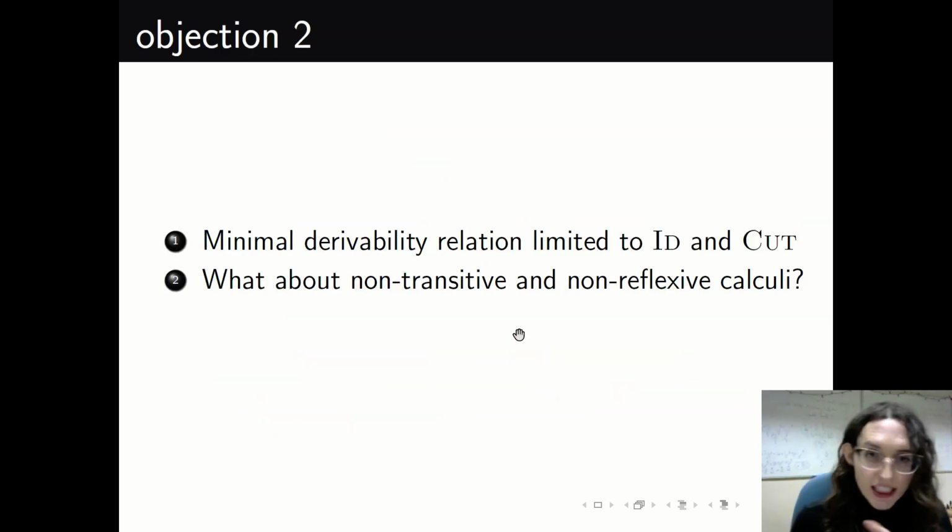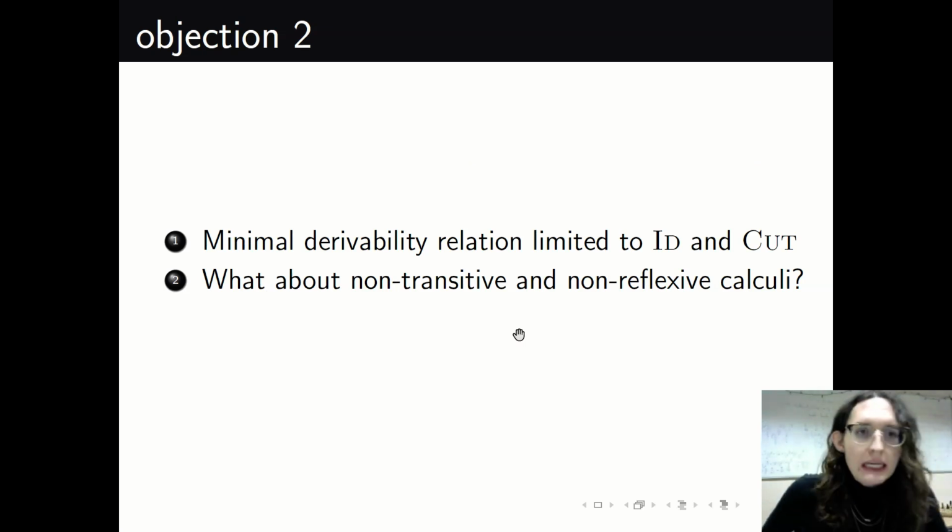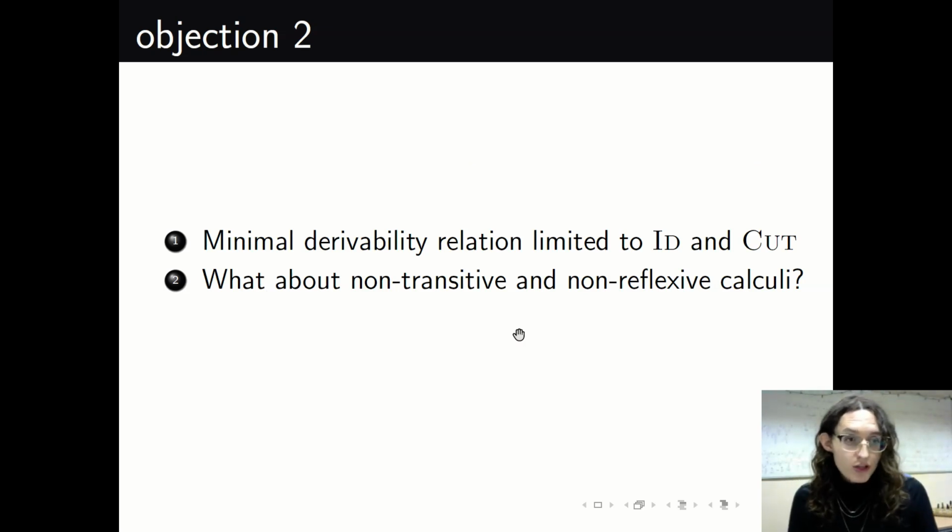Yet still, our objector raises another point. In your minimal derivability relation, you are limited to identity over primitives and cut, the context differentiating version thereof. But what about non-transitive or non-reflexive calculi?